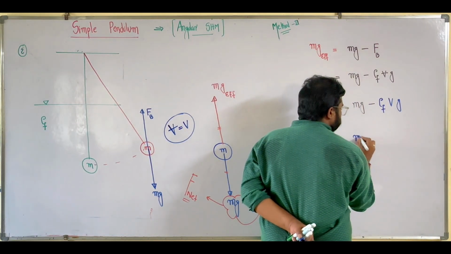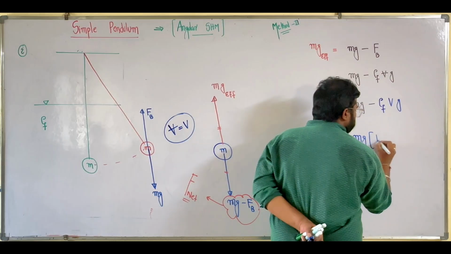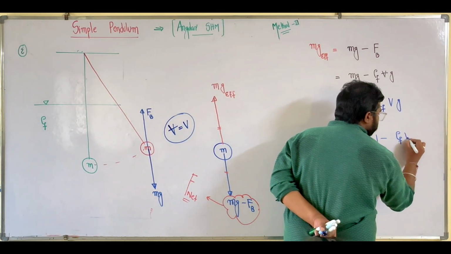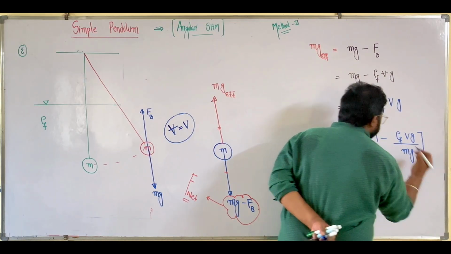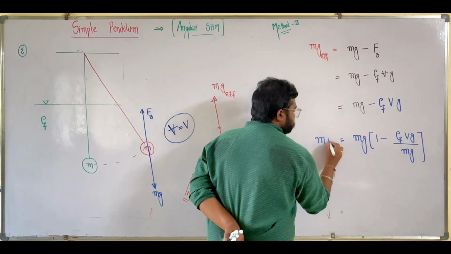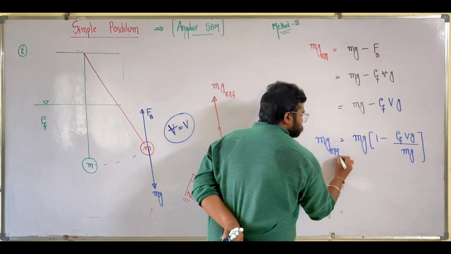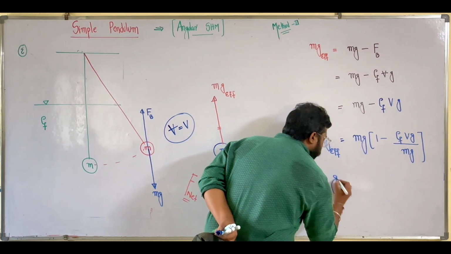Take mg out. 1 minus density of the fluid into V g by mg. Here it is how much? mg effective. m gets cancelled out.